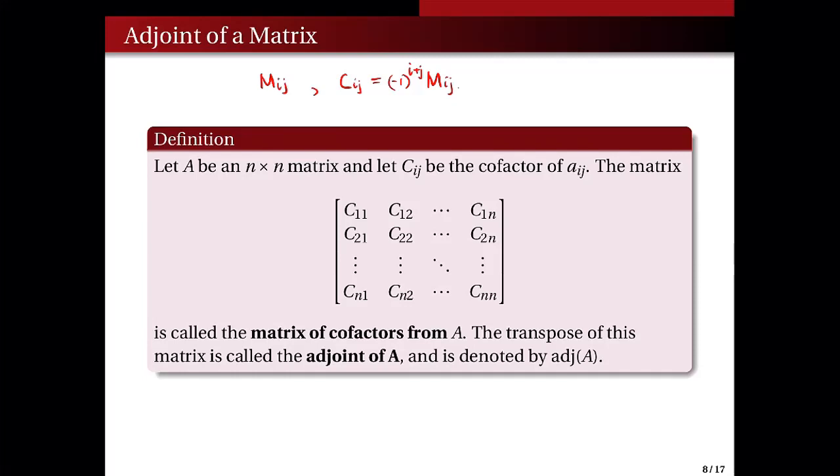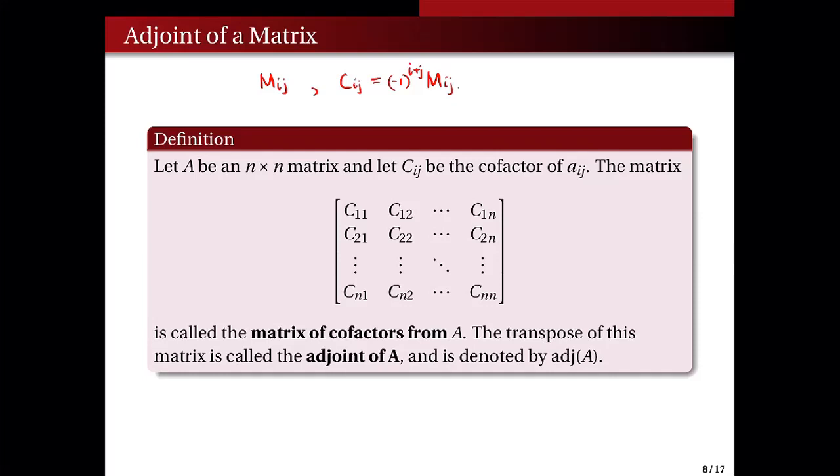Now, if you get the transpose of this, it will be the matrix called the adjoint of A. It is denoted by this symbol here. In our course, we use the word adjoint.